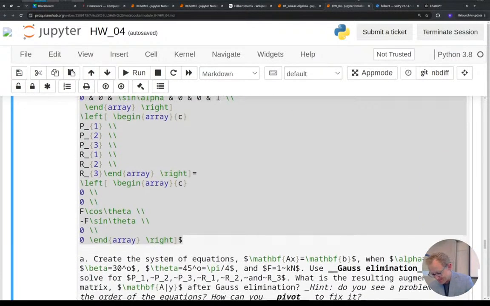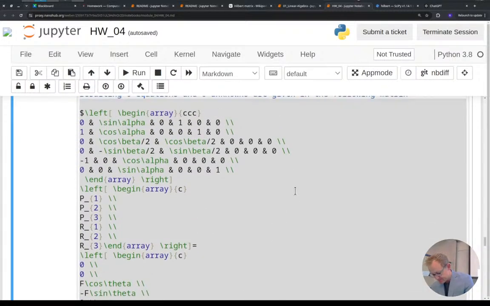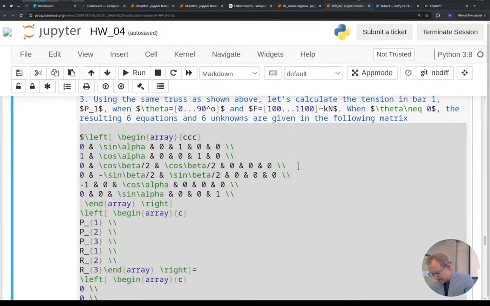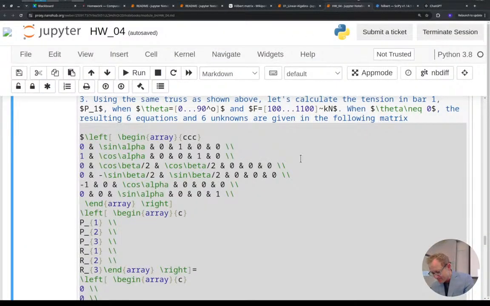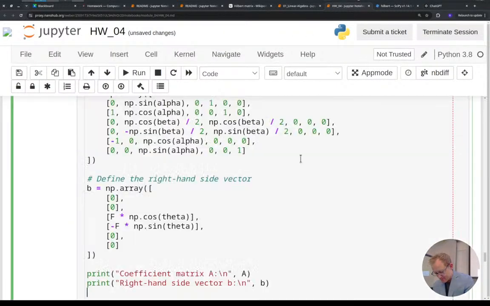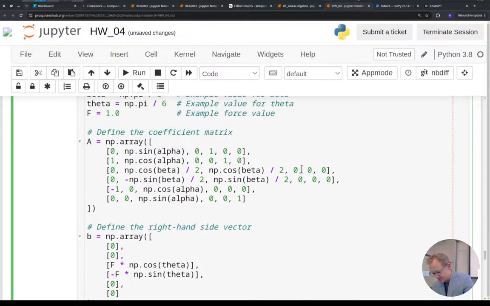Let's see. I think so. One thing that it was doing was assuming that alpha and beta were certain values. Yeah, it just made up values for them, which is fine, but we can correct it. So I could copy this in. That one's easy. So pasting this in.